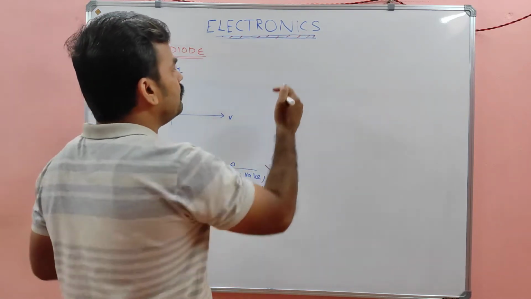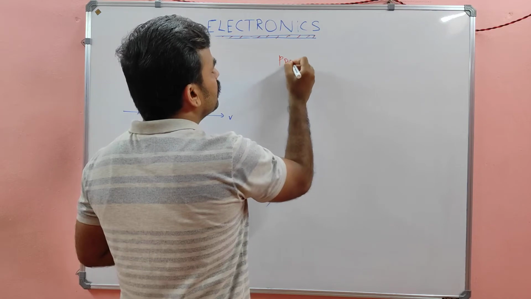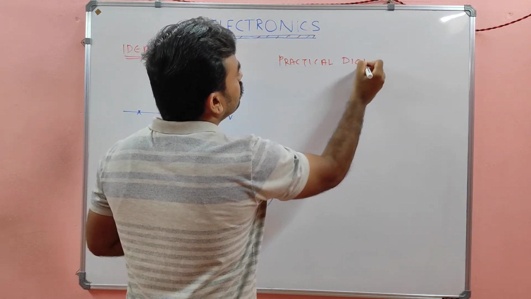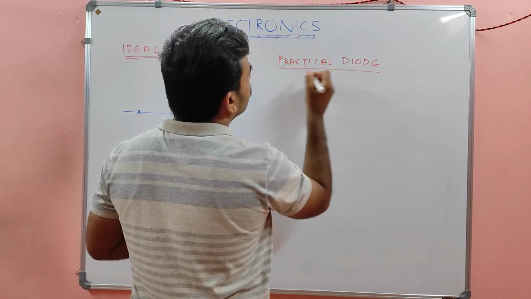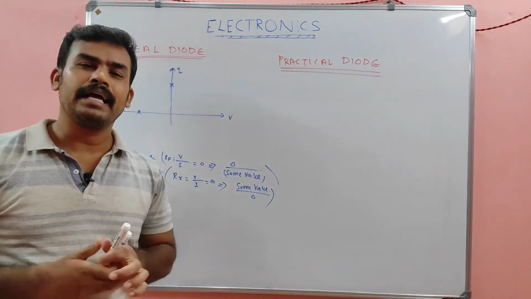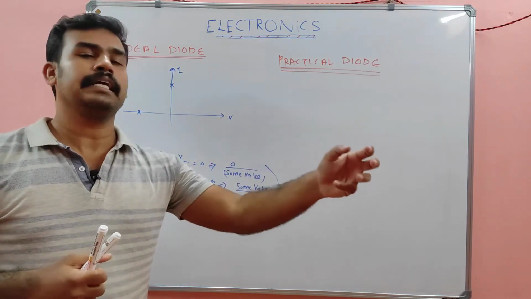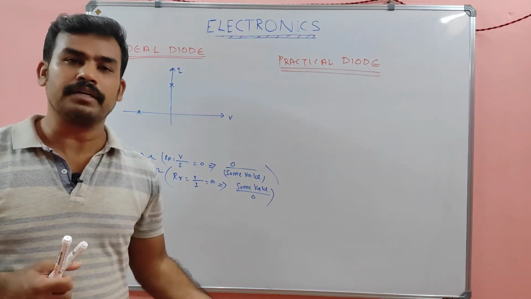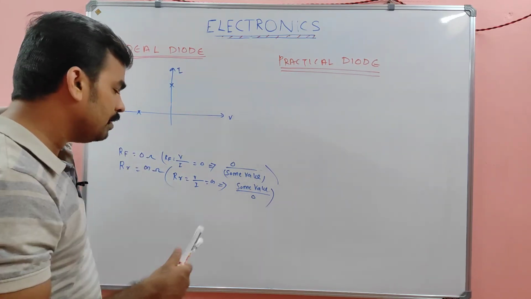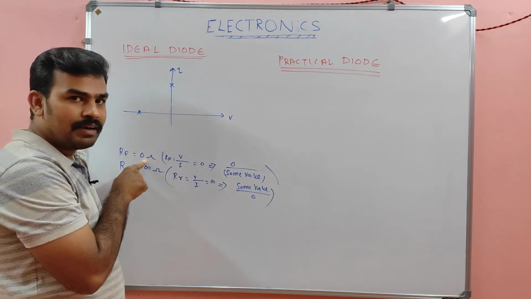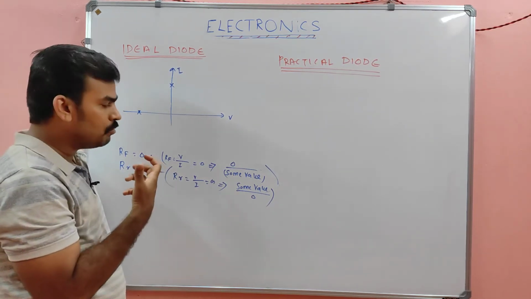Then what about the practical diode, my dear? In a practical diode, there will be a small voltage in the forward biased condition for any semiconductor you take. Normally the forward resistance is equal to 0 ohm. How did that 0 ohm happen?